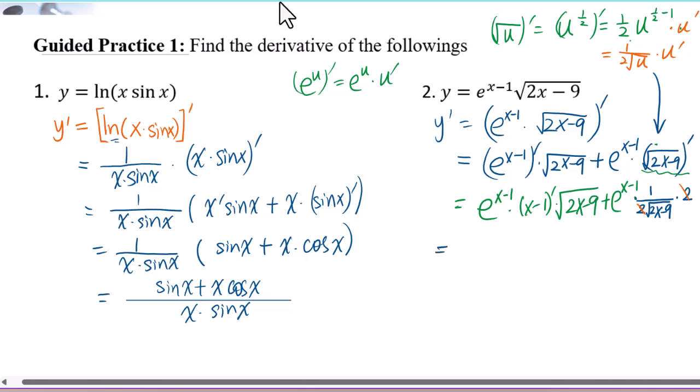Equals, this is 1, e to the power of x minus 1 times square root 2x minus 9 plus e to the power of x minus 1 times 1 over square root 2x minus 9.